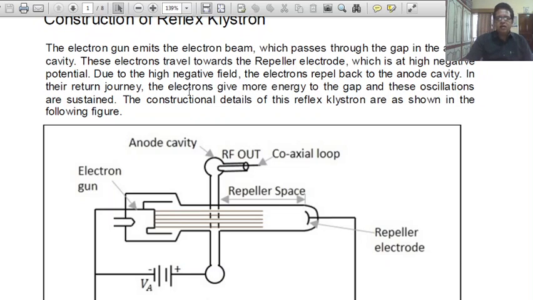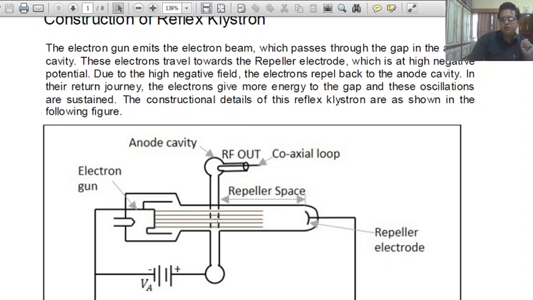In their return journey, the electrons give more energy to the gap. When electrons come back, they have more energy and give more energy to the gap, and these oscillations are sustained. That means the electron passes through the cavity twice in a cycle.